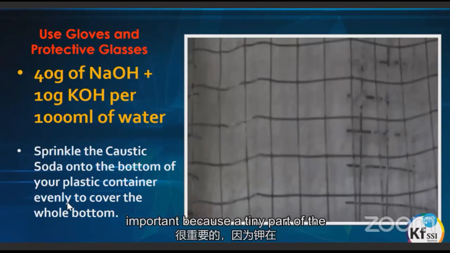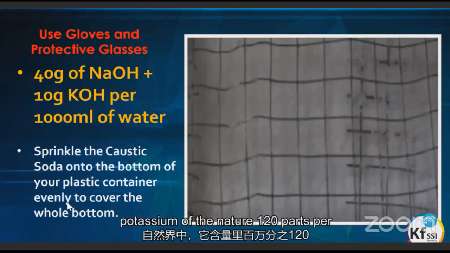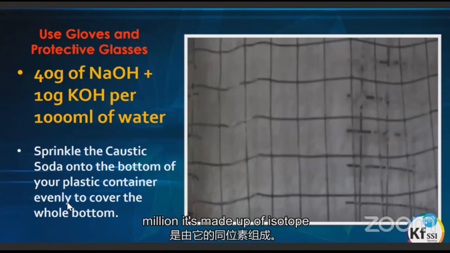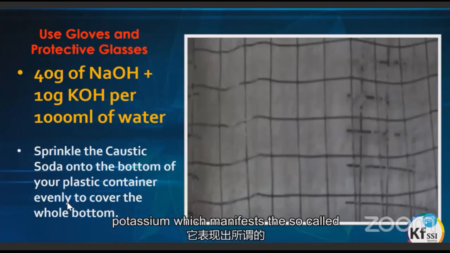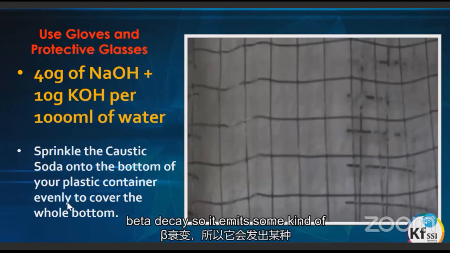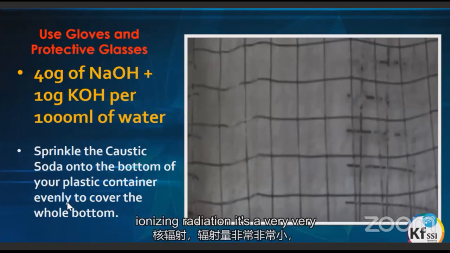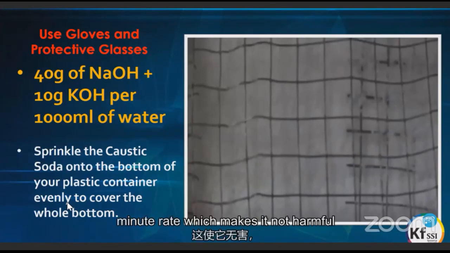Potassium is important because a tiny part of the potassium in nature, 120 parts per million, is made up of isotope potassium 40, which manifests the so-called beta decay, so it emits some kind of ionizing radiation at a very, very minute rate, which makes it not harmful at all.